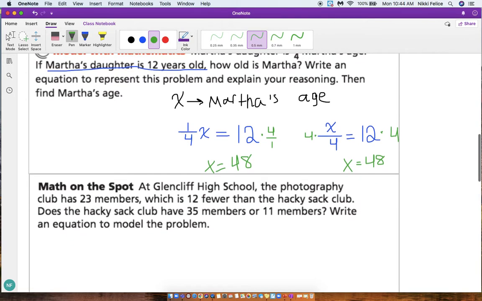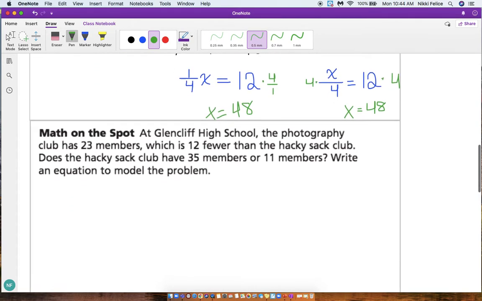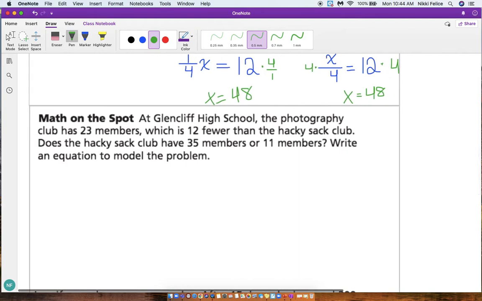We will do one more example together. At Glencliff High School, the photography club has 23 members. They have 23 members, which is 12 fewer than the Hacky Sack Club. So I want to know, does the Hacky Sack Club have 35 members or 11 members? And we're going to write the equation to model it.